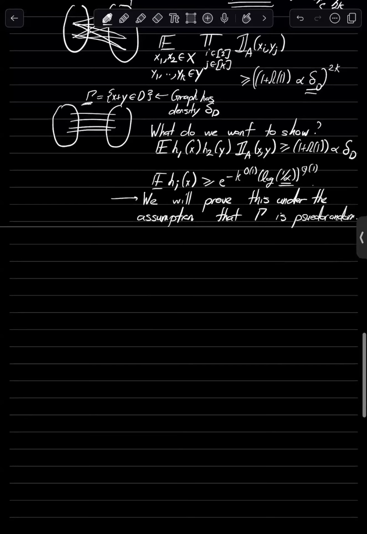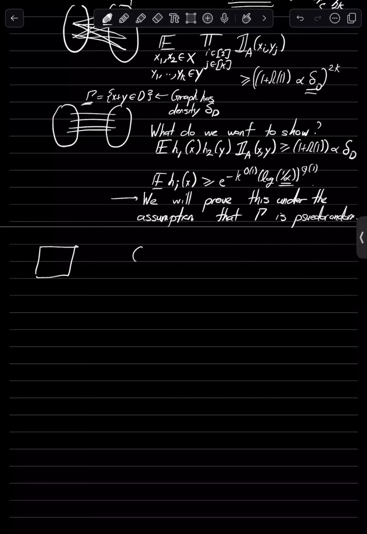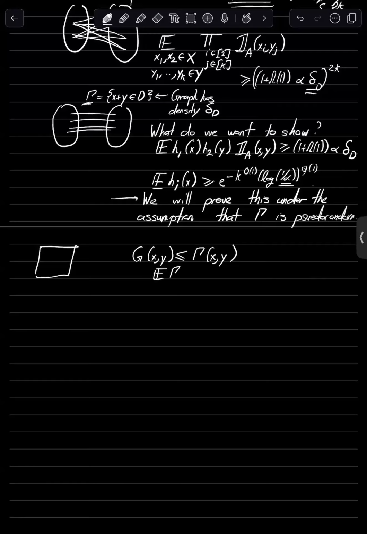Okay, for various reasons, we're going to abstract out the problem. So I have a graph G(x, y), which is inside some pseudorandom graph gamma(x, y). So the graph gamma has density mu. This is what's delta D above. G has density alpha times mu.